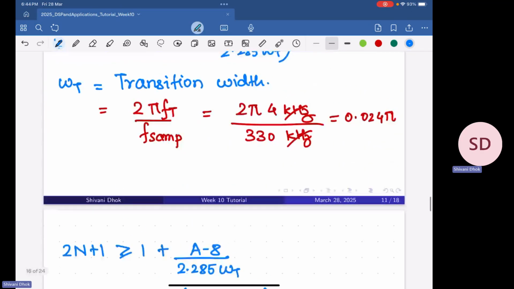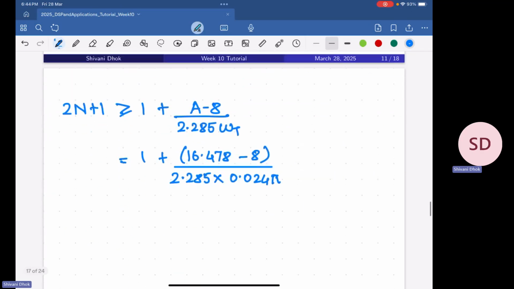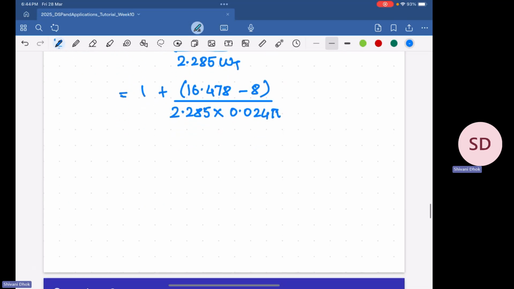This 0.024 pi is the transition width, and if we simplify this, it comes out to be equal to 50.209.